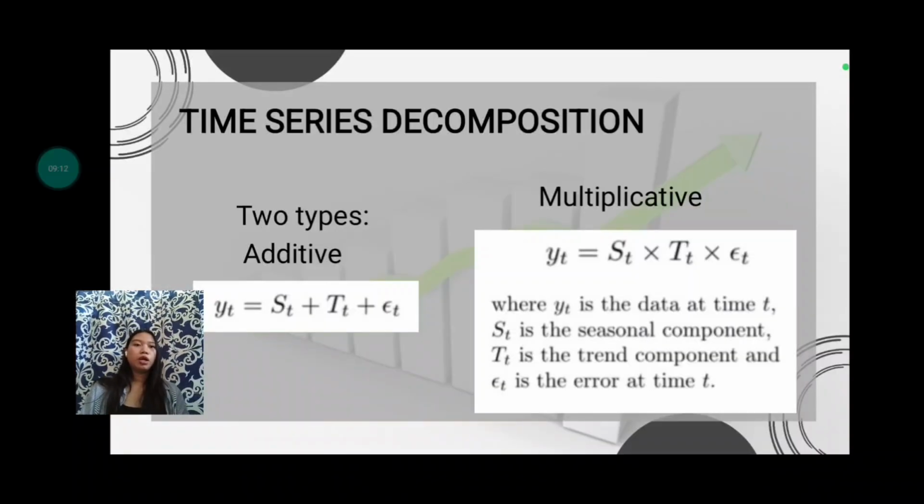While the multiplicative model is used when changes grow over time. So Yt, or data at time t, equals the seasonal component at time t times the trend component at time t times the error at time t.